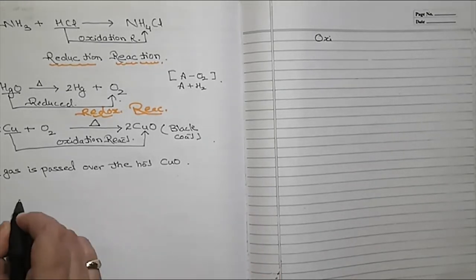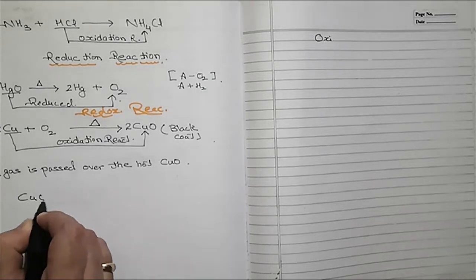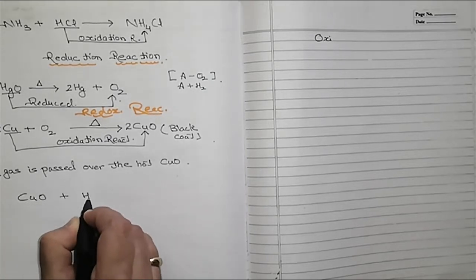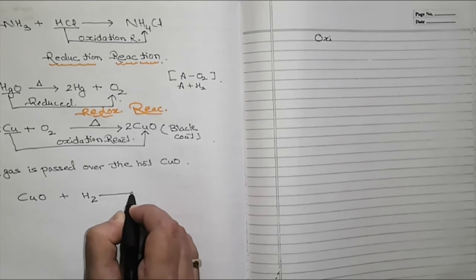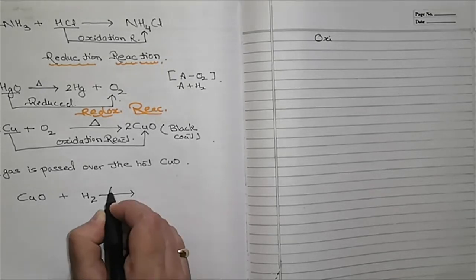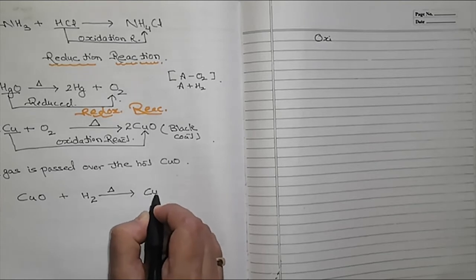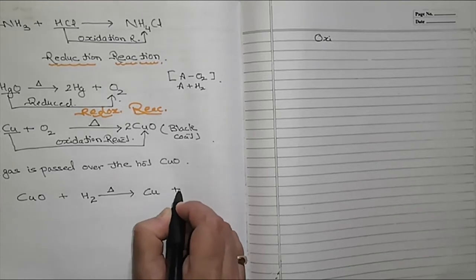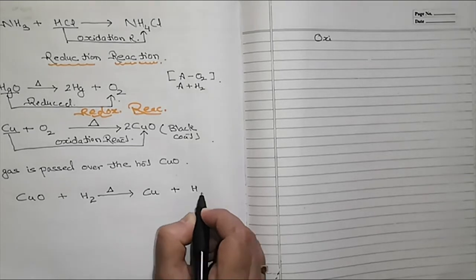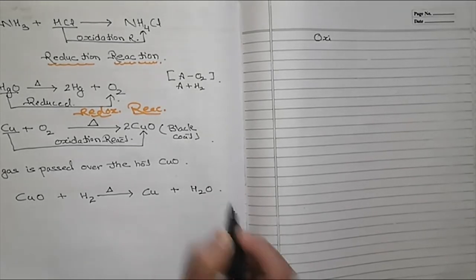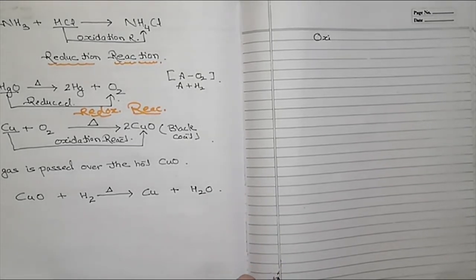Now let's write this reaction. CuO plus H2. I have put the heat sign of delta because the copper oxide is hot, we have to apply heat, and copper and water are formed.